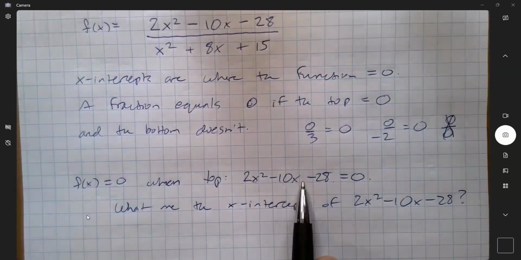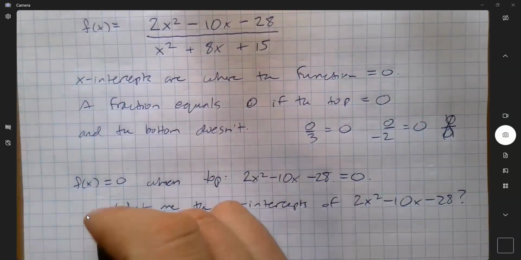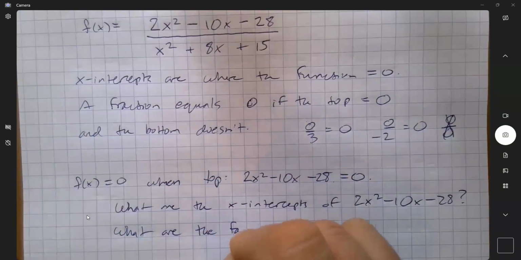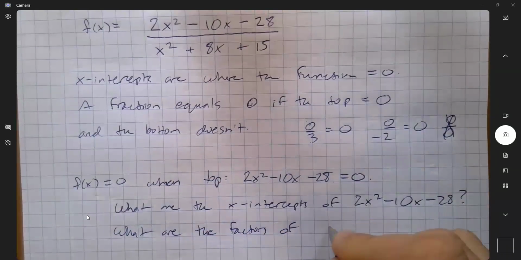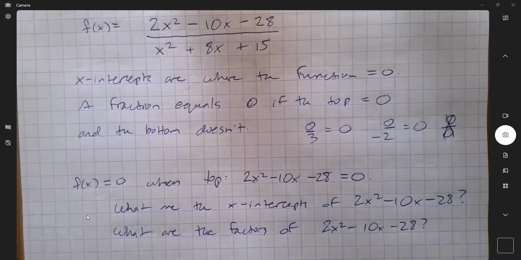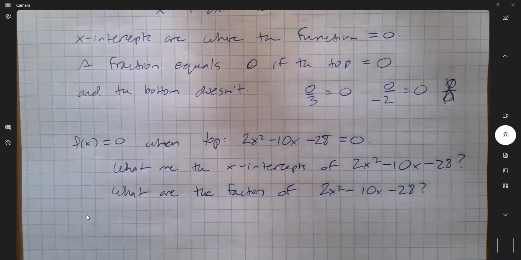It equals 0 at its x-intercepts. So I'm asking, what are the factors of 2x squared minus 10x minus 28? Well, to find the factors, you factor it.